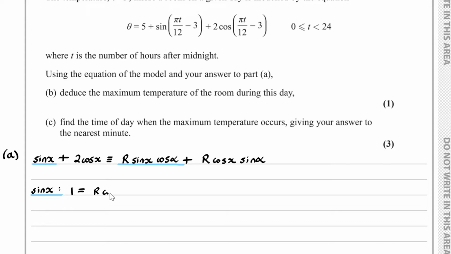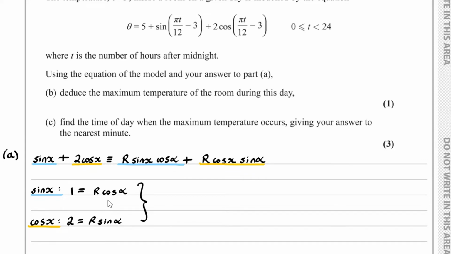Okay, and if we compare the cos x's on both sides, on the left hand side we have two of them, and on the right hand side we have r sine alpha of them. So we have 2 equals r sine alpha.